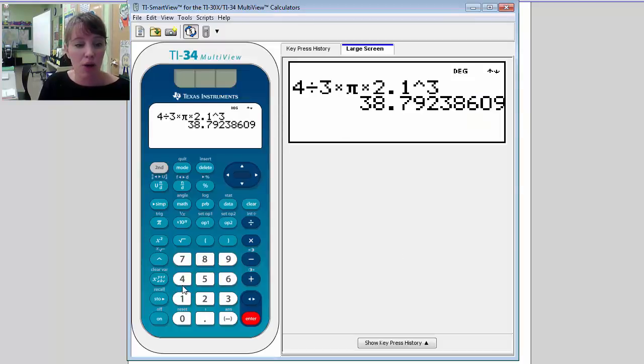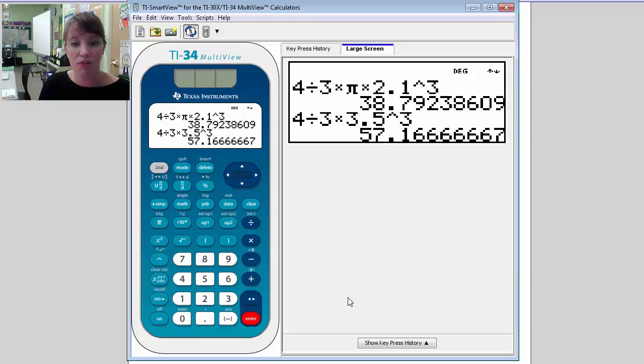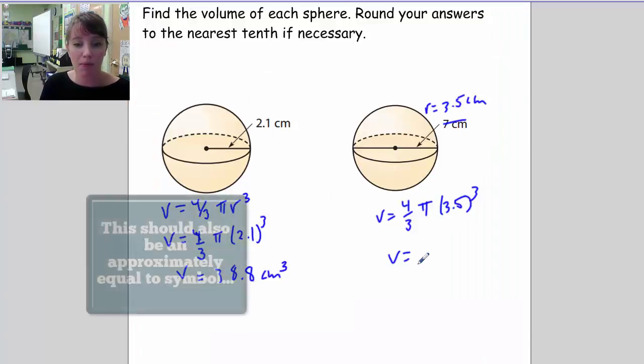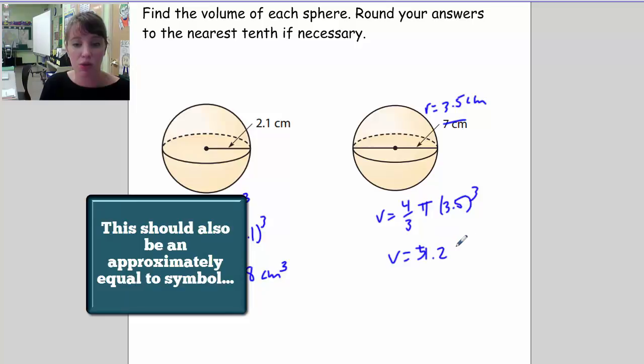So you'd go 4 divided by 3 times 3.5 raised to the third power. Okay, and it would be 51.2 pi. So you could put 51.2 essentially pi if it was in terms of pi.